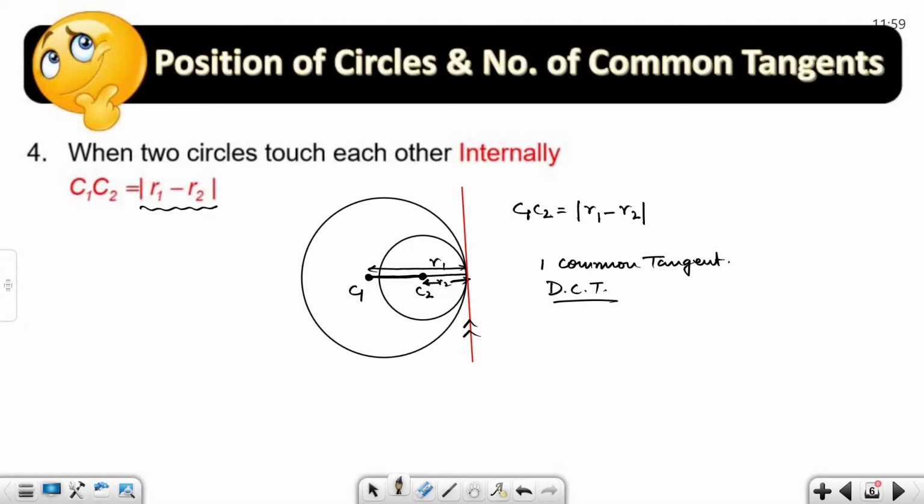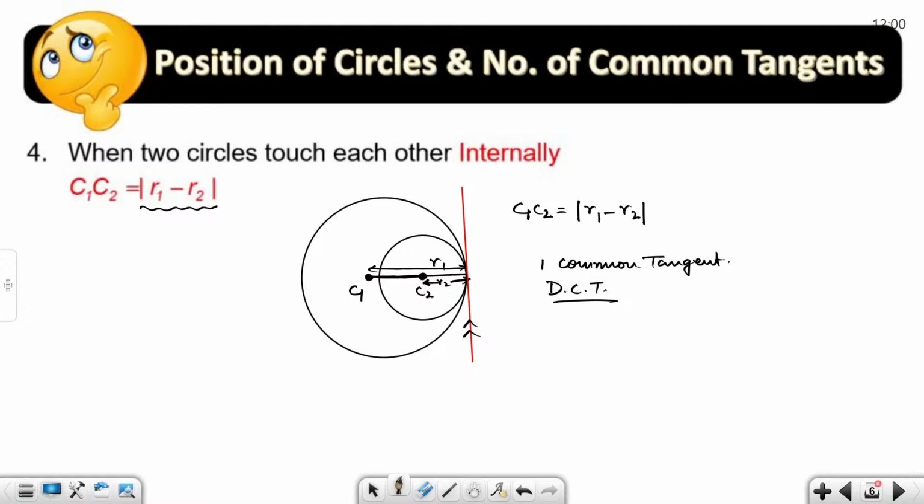That is why the definition is so very important. If you can simply remember the definition, which one is called a direct common tangent and which one is called a transverse common tangent, you will never get confused in finding out the nature of the tangent for two circles or more than two circles, whatever. Is it clear to all of you? Absolutely.